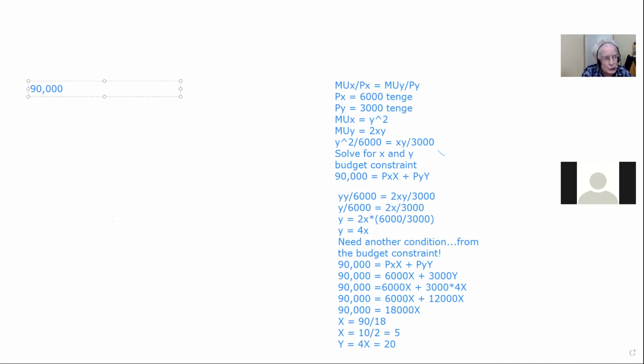Unadjusted income is 90,000, equal to the amount that is spent on X and Y. Coffee costs 6,000 pennies times X plus 3,000 times Y. And our trial solution is that X is equal to 5 and Y is equal to 20.